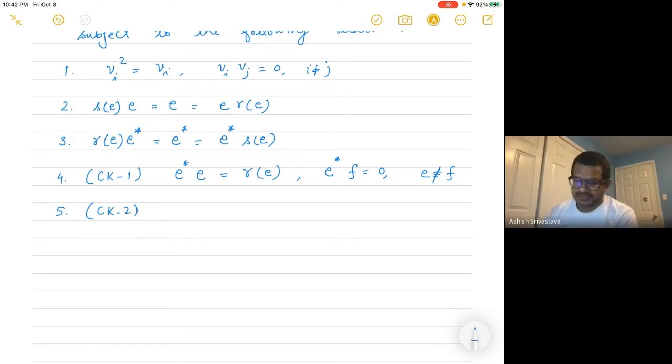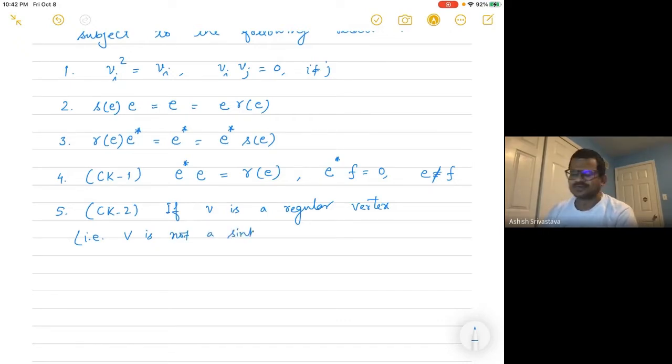And the Cuntz-Krieger 2, CK2 condition, is if v is a regular vertex. What does that mean? Regular vertex means it emits at least one edge. So that means it is not a sink.